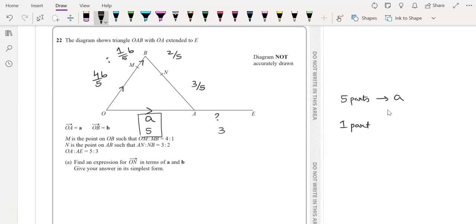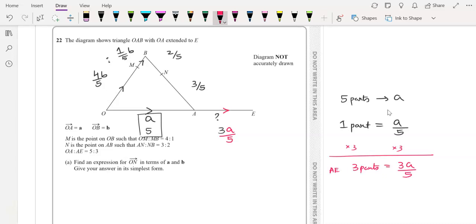So 1 part will be A over 5. I need to find 3 parts, multiply both sides by 3. So you will get AE, which is 3 parts, equal to 3A over 5. So this part AE is 3A over 5.